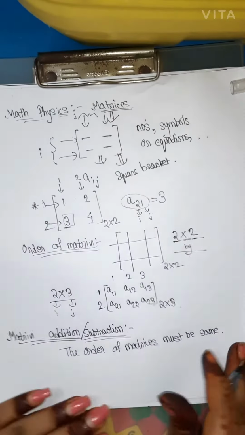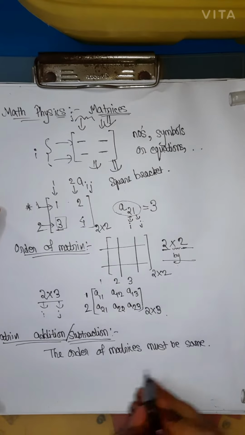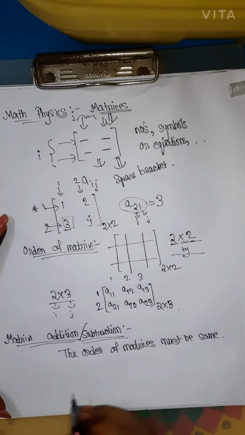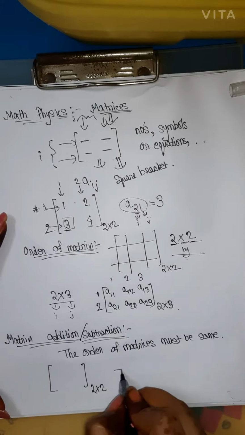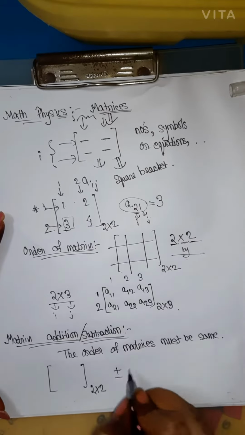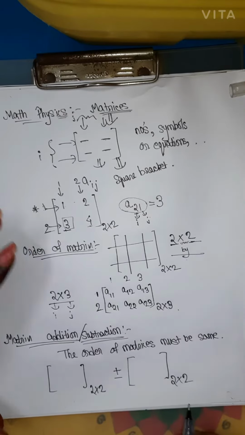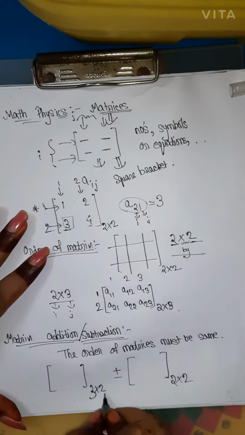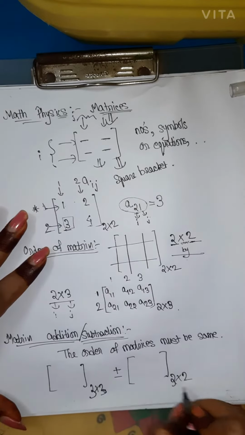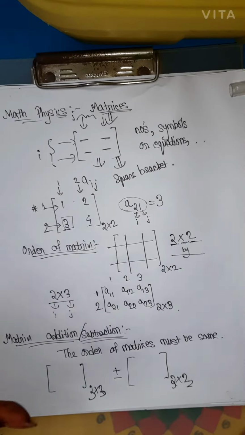We understand that the order of the matrices must be the same. So a 2 cross 2 matrix can be added or subtracted only with a 2 cross 2 matrix. You can have 3 cross 3 by 3 cross 3. You can have 2 cross 3 by 2 cross 3, means the order of the matrices must be the same.